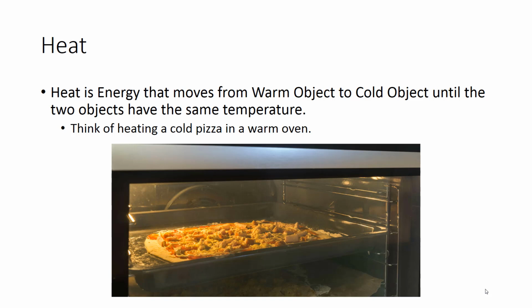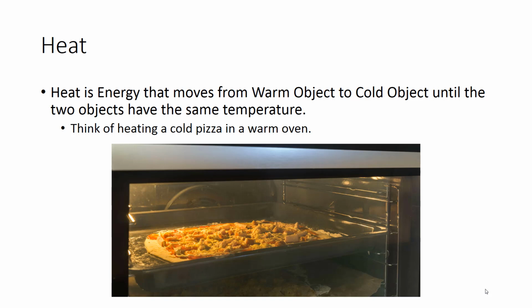The way it works is that you have an oven that has heated up the air inside the oven to some really high temperature, 350, 400, 450 degrees, and then you take this cold pizza and you stick it in there. Now you have two objects with very different temperatures. You have a warm oven, or at least the warm air inside the oven, and a cold pizza. Well, heat then travels from the warm oven into the cold pizza.